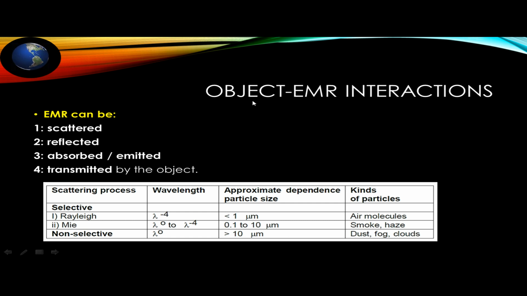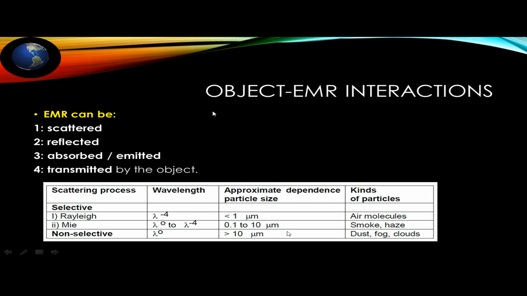Object EMR interaction means how the earth surface interacts and behaves with electromagnetic radiation. The EMR can be scattered, reflected, or absorbed. When this electromagnetic radiation interacts with the earth surface, there are four processes that can happen.